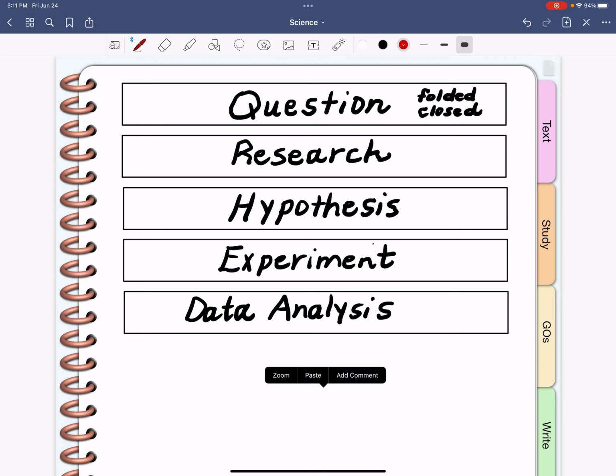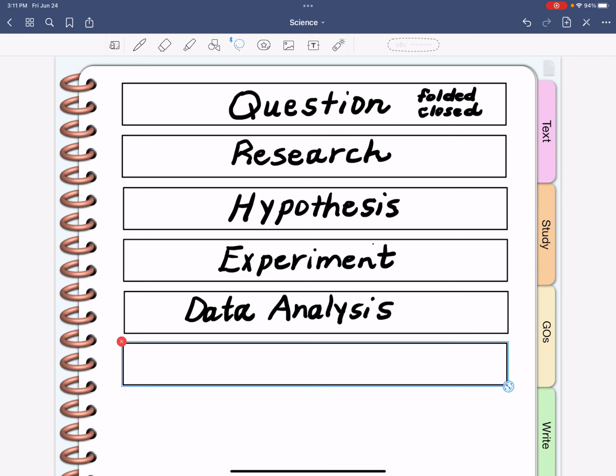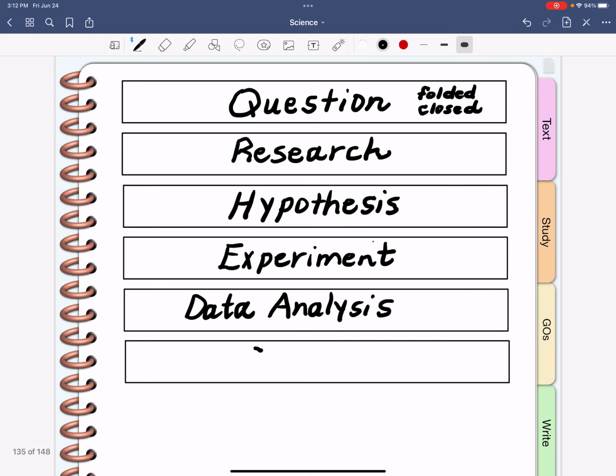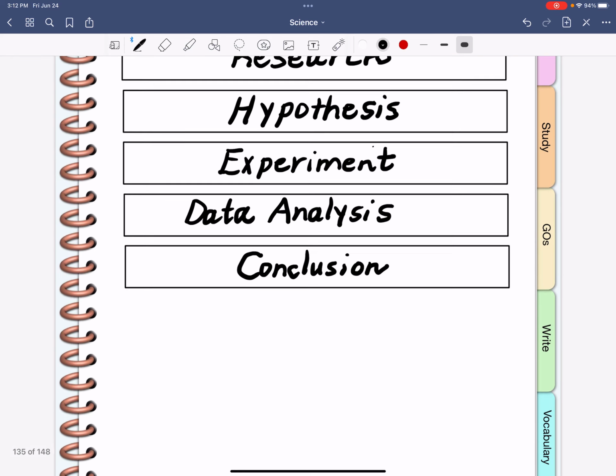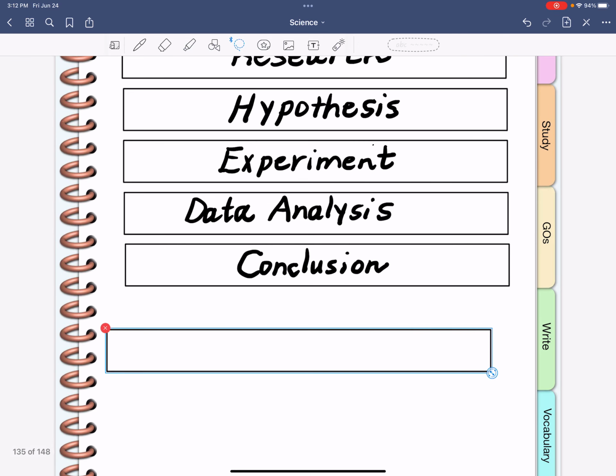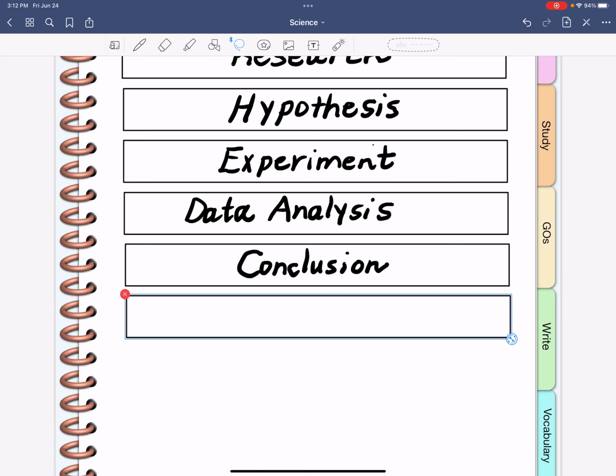Okay, on this one, after you analyze your data, what's the next step? You make a conclusion. This is where the doctor told Sam, or where the doctor decided, yes, I believe this gentleman has a heart problem. After the doctor knows what the problem is, the next step would be to share those results.